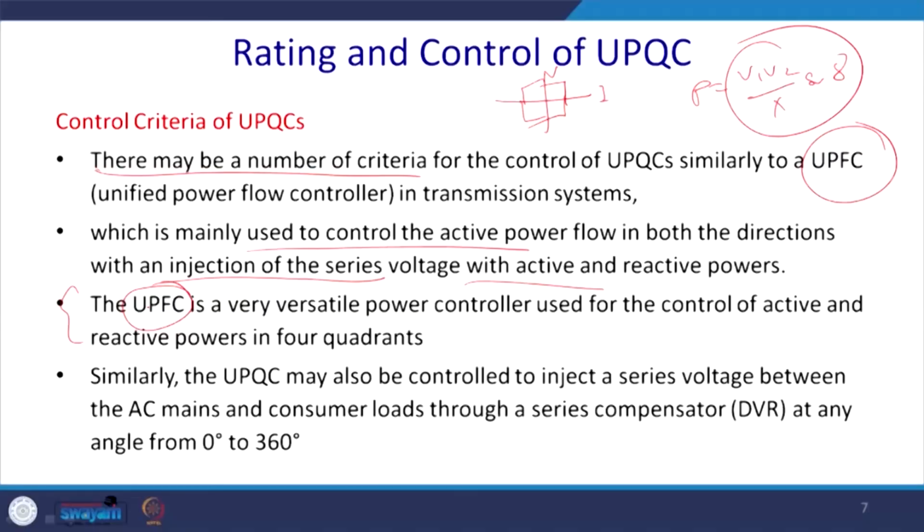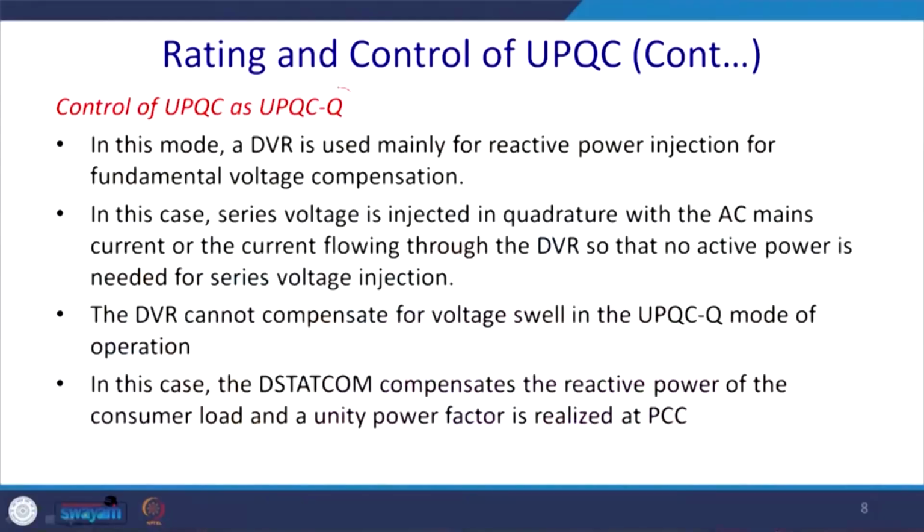Similarly, the UPQC may also be controlled to inject series voltage between the AC mains and the consumer load through a series compensator, the DVR, at any angle from 0 to 360 degrees. This is one of the major features of the UPQC. We have discussed this mode as UPQC-Q.